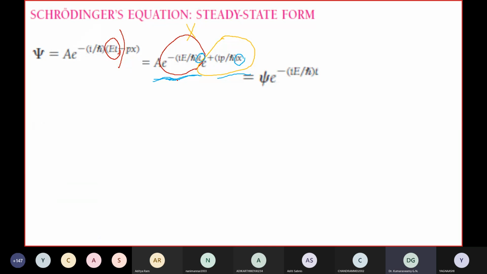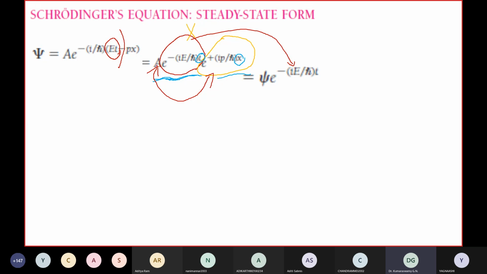Now our wave function is A into this part, whereas this part continues to be a constant. We define our wave function based on A into e to the power of i p by h cross into x, because only these two constitute it.